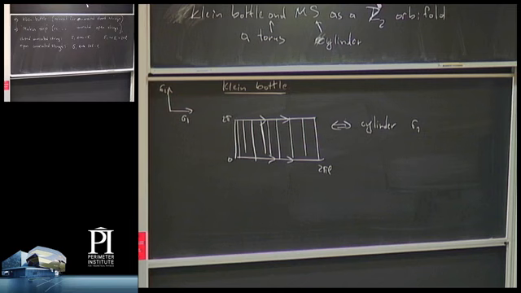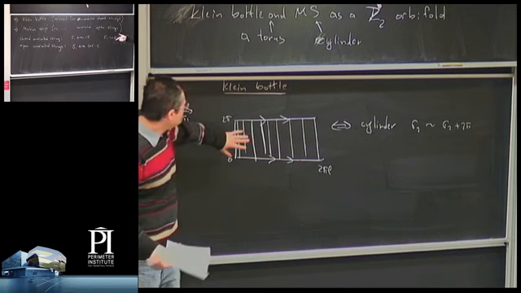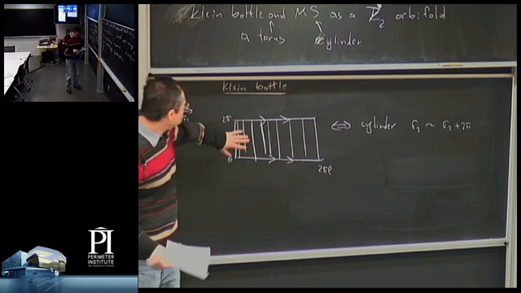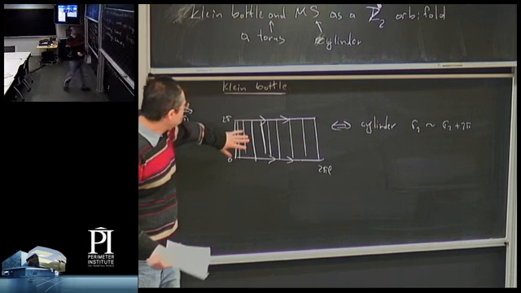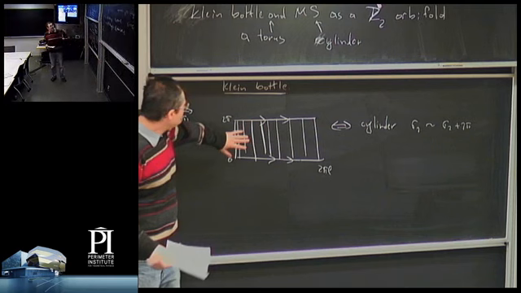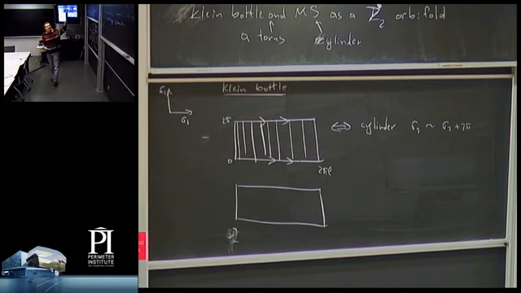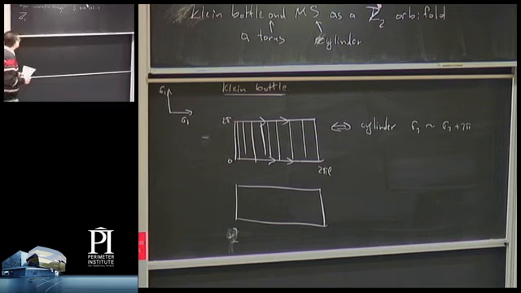The point is that that kind of identification is a Z2. So it's natural that all these unoriented surfaces, the Klein bottle and the Möbius strip, can be represented as a Z2 orbifold.